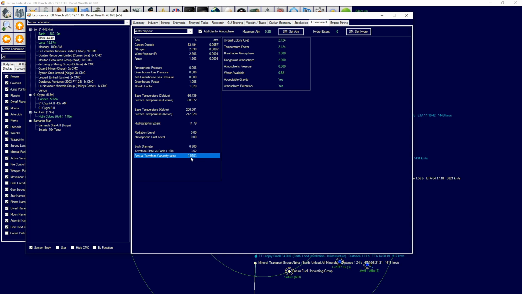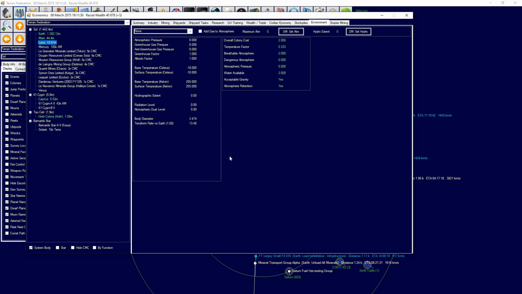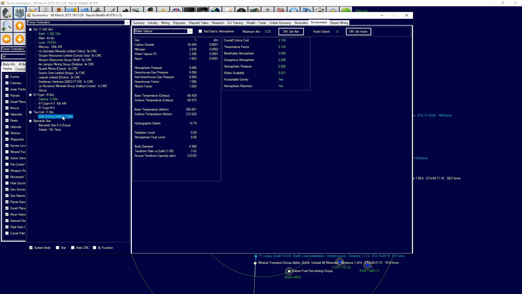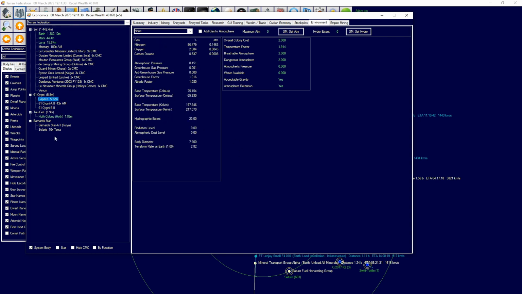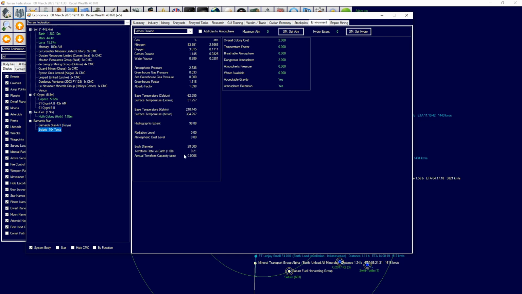So because Mars is a smaller planet to Earth, about 5,000 kilometers in diameter smaller, it's 3.52 times faster terraforming in comparison to Earth, or 2.52, I guess it would be. Lunar is 13.48. So big worlds like Caprica or Bernard Star, Solaris here, is 0.2, so it's 80% slower than terraforming on Earth. While on Mars, it's much quicker.